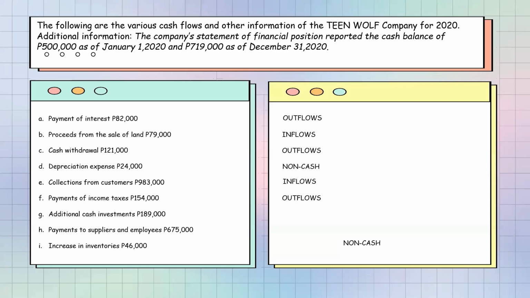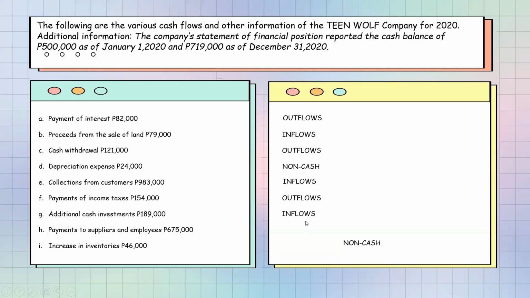Kasi, anong letter na tayo? Yung letter F pala, payment of income tax. Sorry, nalagpasan ko. So, outflows yon, kasi nga nagbayad tayo ng tax. And then yung letter G is additional cash investment, which is inflows.